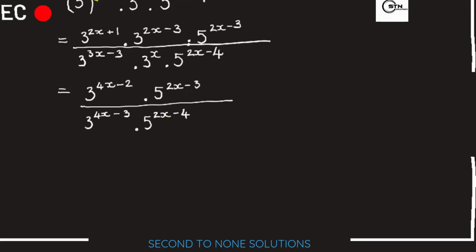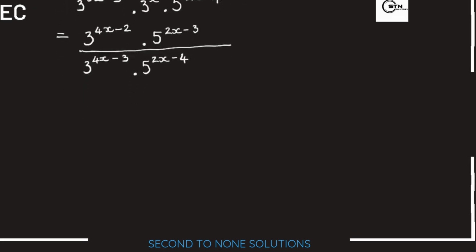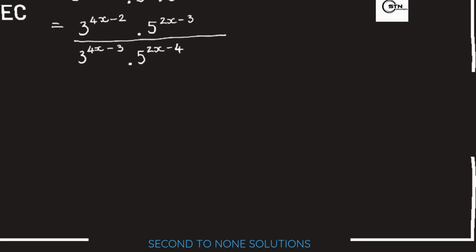And yes, you can. But to avoid a little bit of confusion, I'm going to rather, as a teacher, bring all of these exponents that are on the bottom, or all of these factors that are on the bottom, to the top, which means I change all of the exponents to the negative version of themselves.